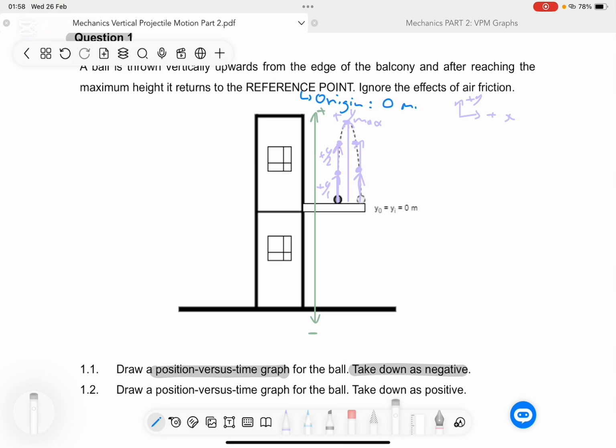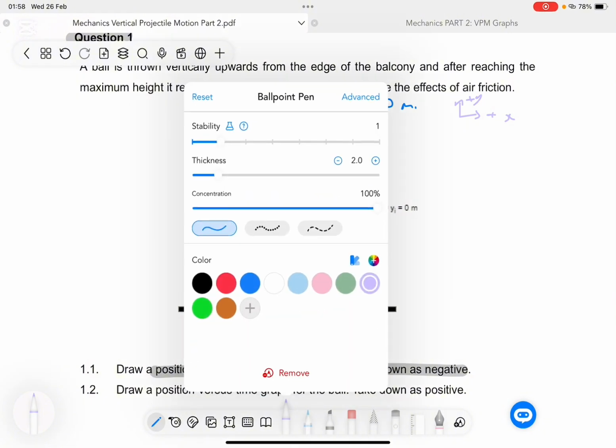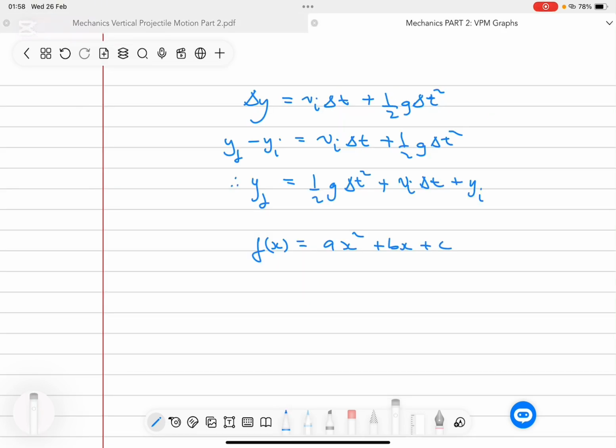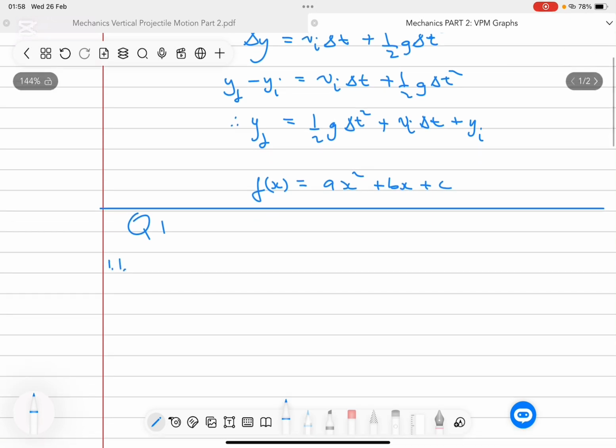Now, there are a couple of things that we need to look at as far as using our equation so that we can plot the position versus time graph. We have an equation that says y final is equal to 1 over 2 g change in t squared plus v initial change in t plus y initial.